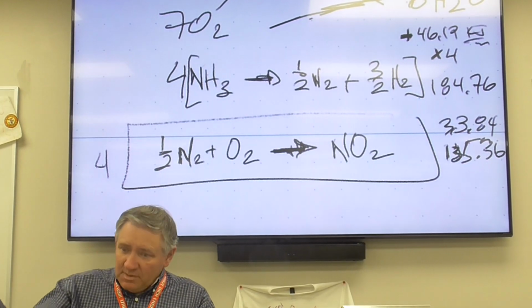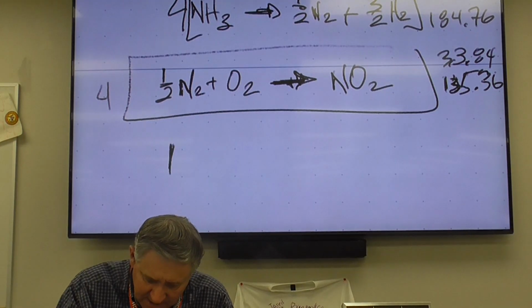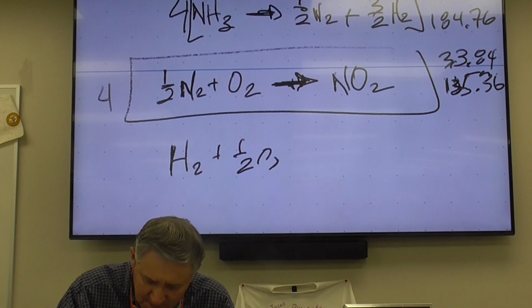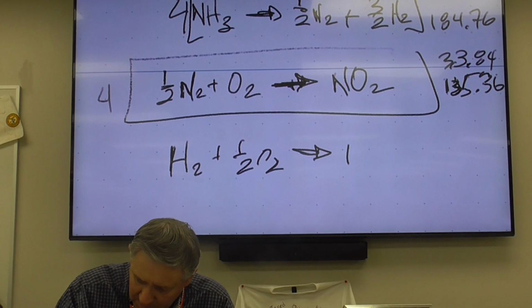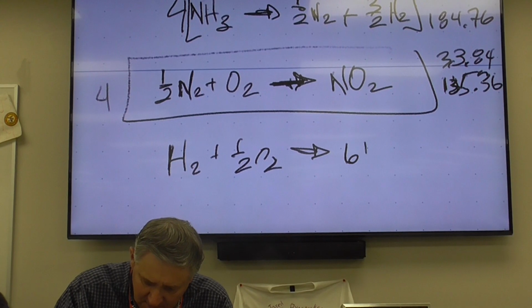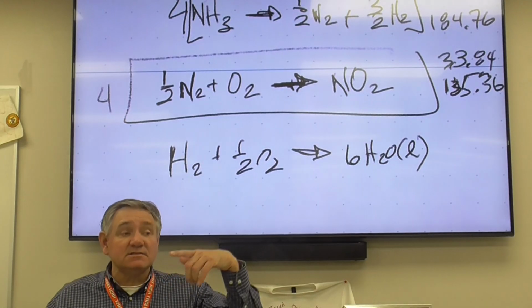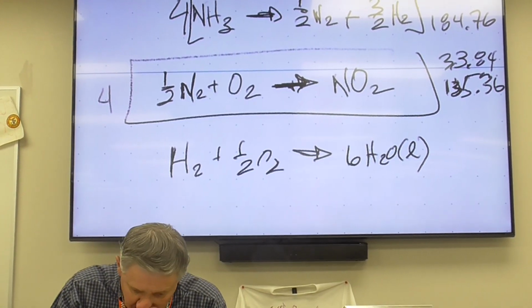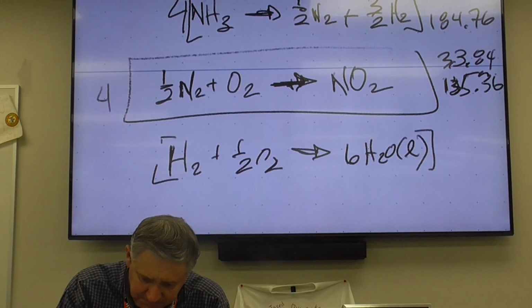Now, we have one left, and that's the water, which is going to be H2 plus 1/2 O2, and it is vitally important that we're going to make 6 waters as a liquid. Not waters as a gas, waters as a liquid. So, Charles, what's the delta H for water?